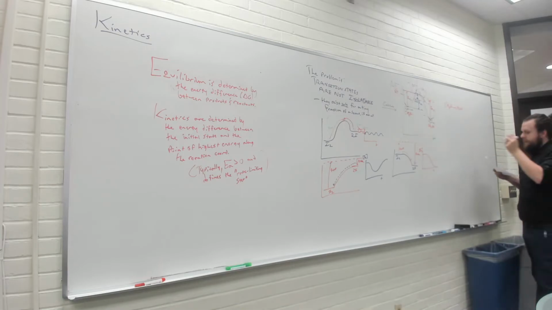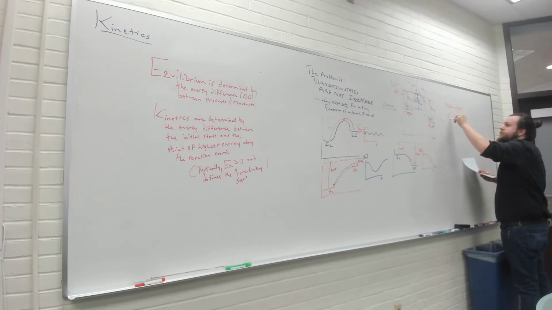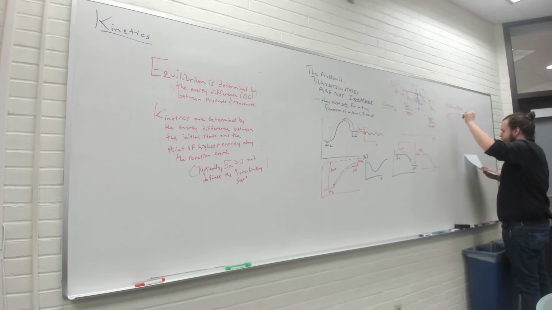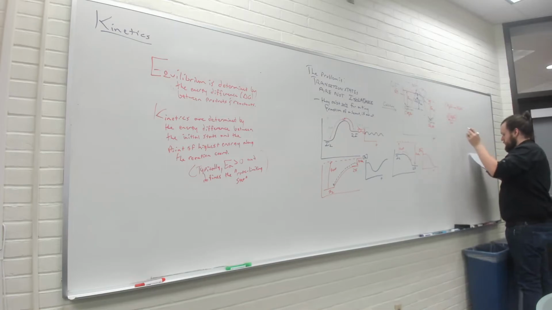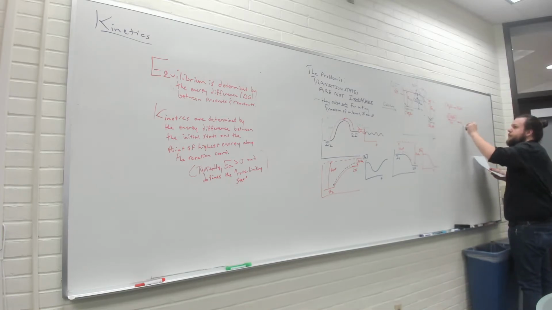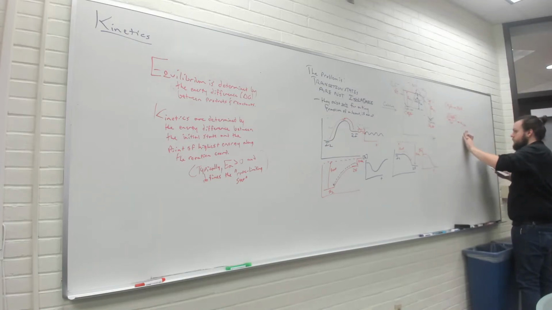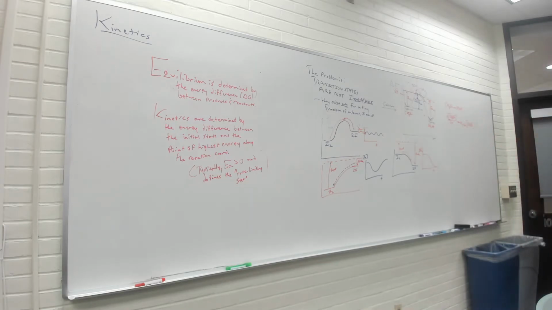We can write that the change in the concentration of CH3Br with respect to time is equal to the forward reaction rate times the concentration of CH3Br. Right? It's just a rate law.